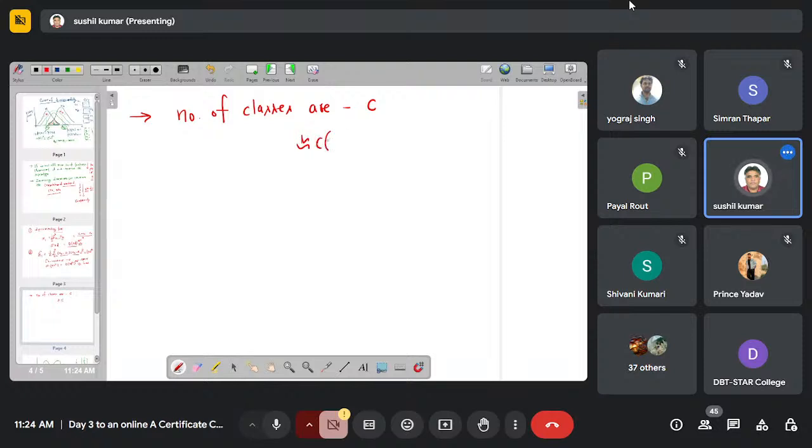So it will be, sorry, order of C and D square. It will also increase the complexity. The time complexity will increase definitely here also.